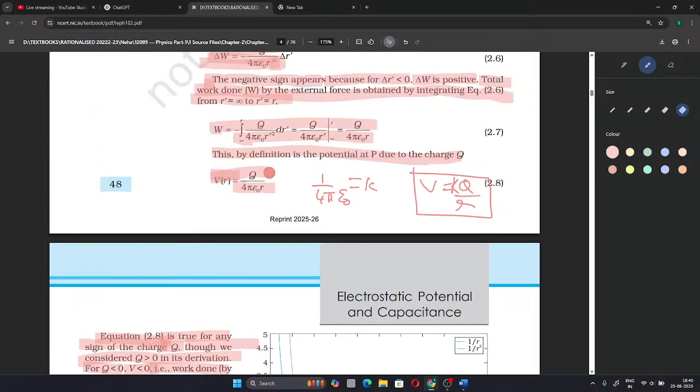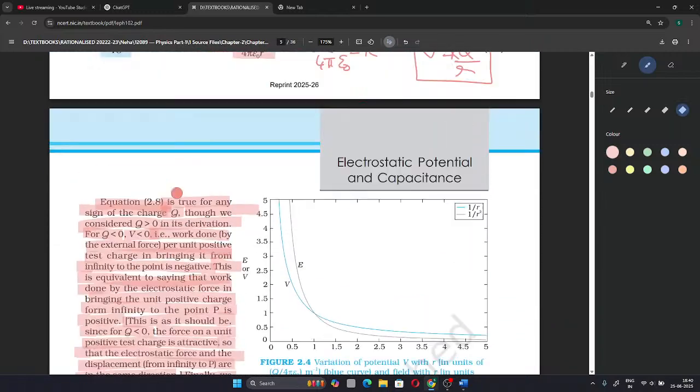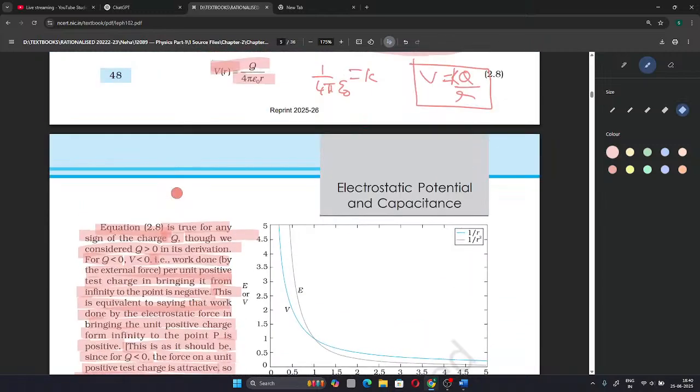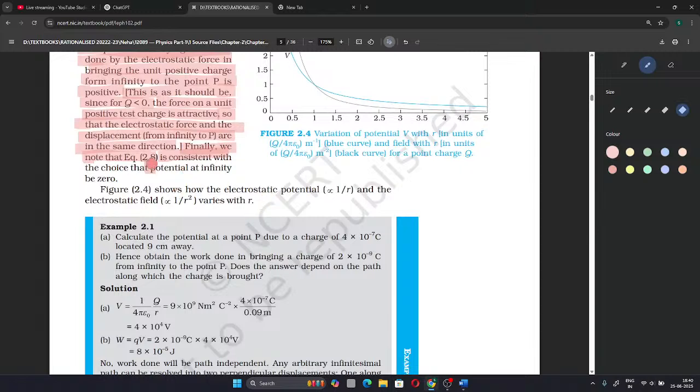Equation 2.8, V equals kq by r, or V equals 1 by 4 epsilon naught times q by r, is consistent with the choice that potential energy at infinity is 0.